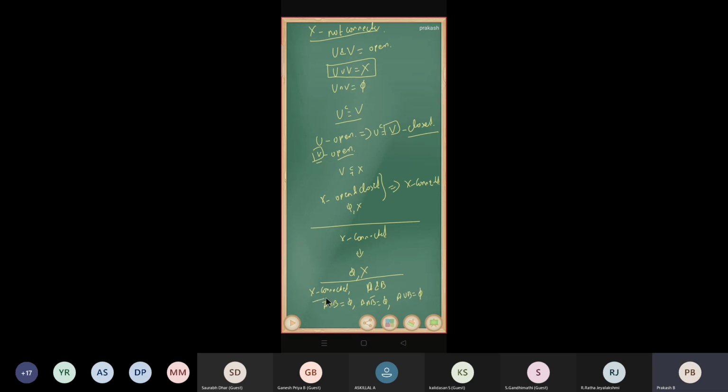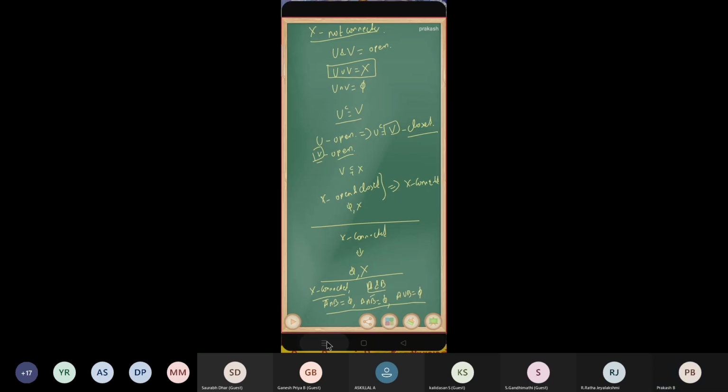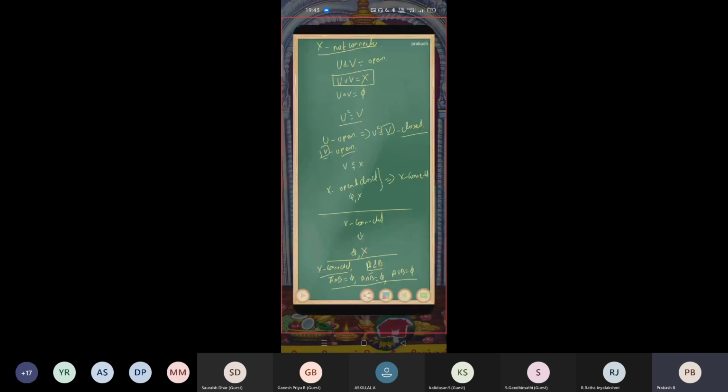X is connected if you can't find a pair A and B having these conditions. This is one more definition for a connected set.